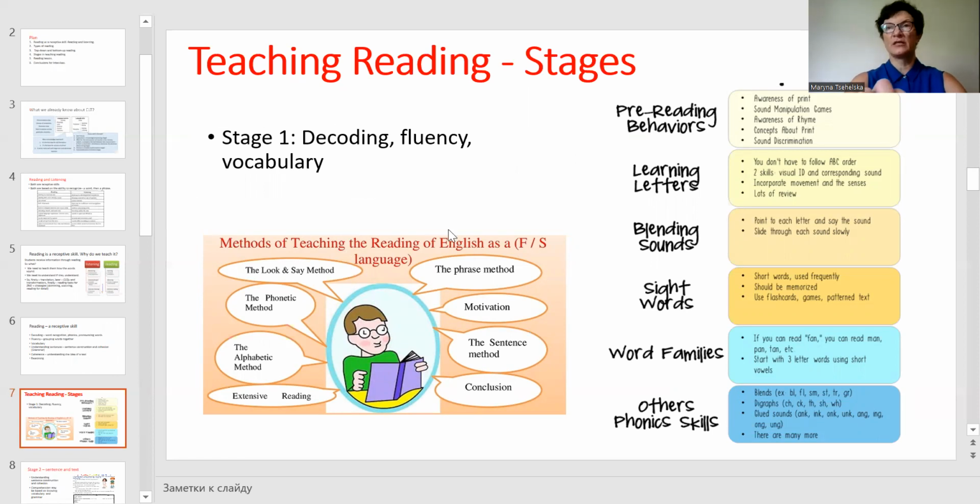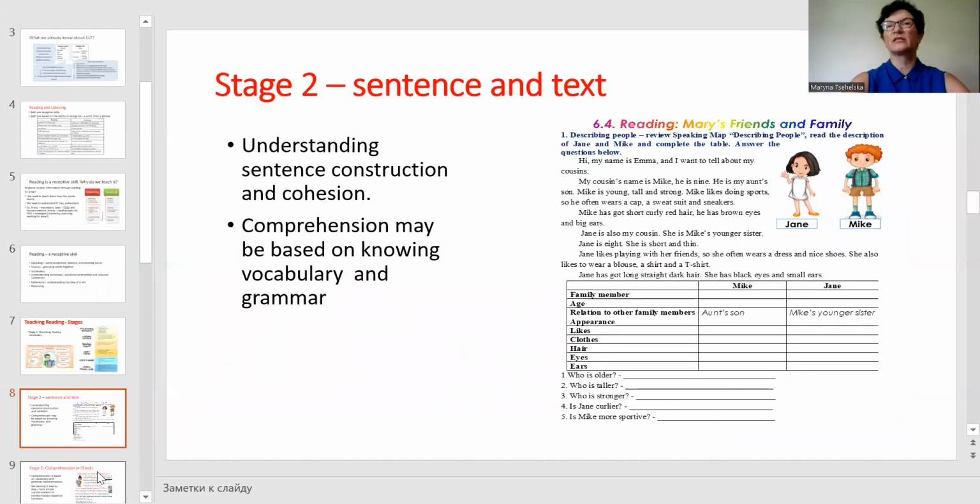The vocabulary is recognized, the words and the letters are combined with the sound of the words. Also here, we practice pronunciation, and at a certain stage, here is an example of the third level.